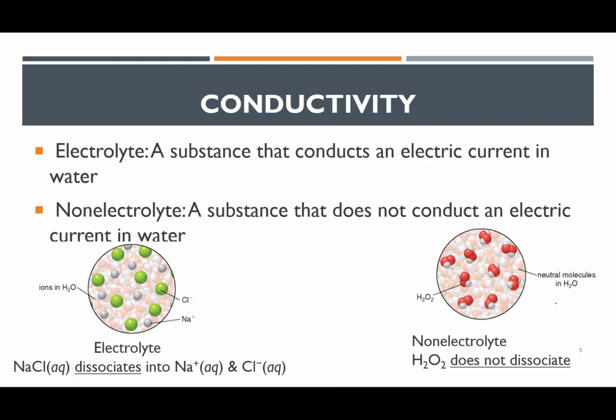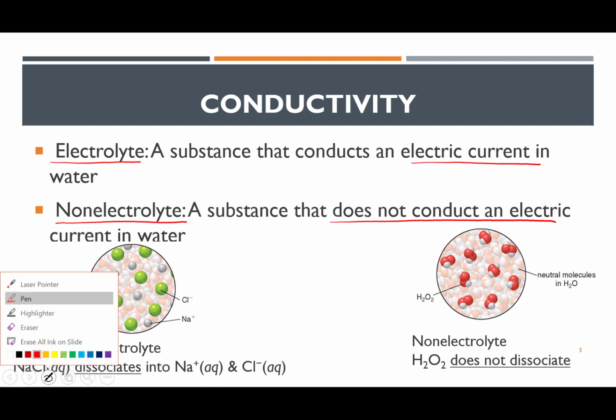Now let's go back and talk about conductivity one more time. I talked about conductivity toward the end of chapter 4 and chapter 5. Basically, we have two types when we talk about conductivity: electrolytes and non-electrolytes. Electrolytes are substances capable of conducting electricity, and non-electrolytes are unable to conduct electricity.